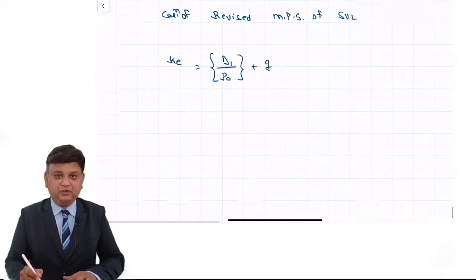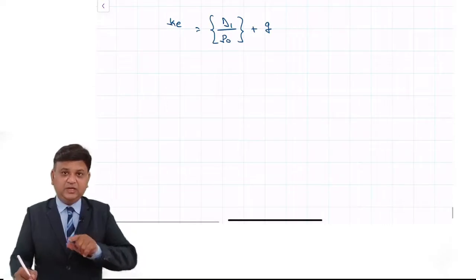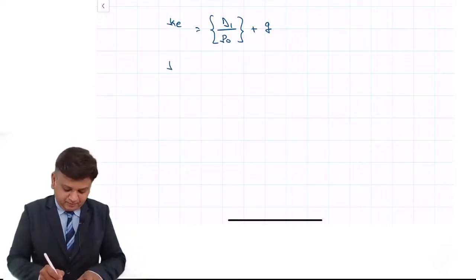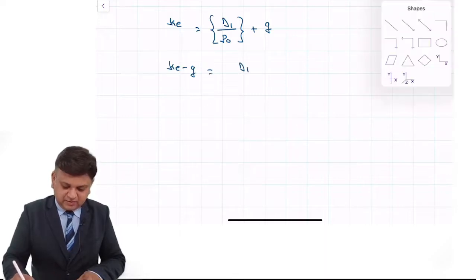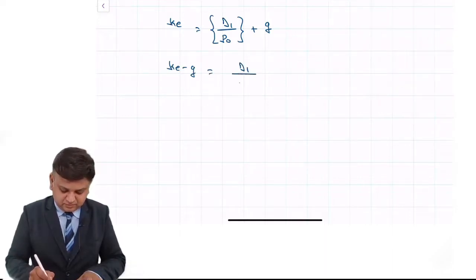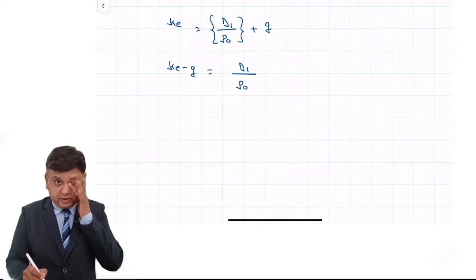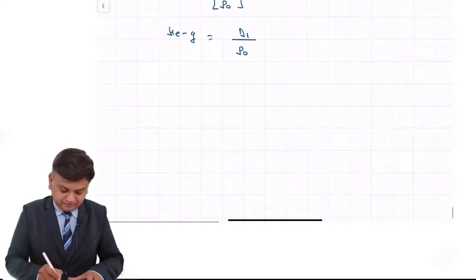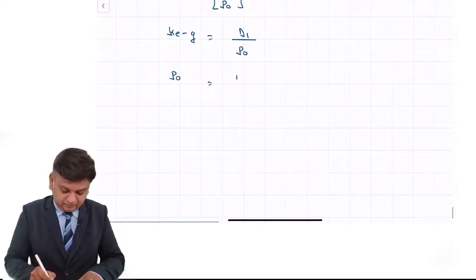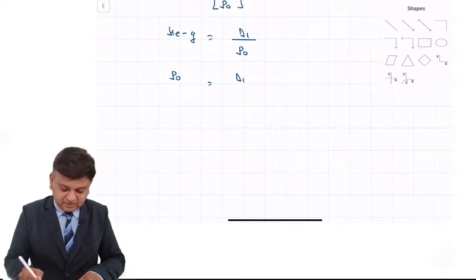Now this time we are required to find P0, so we are required to rearrange the formula. So K minus G is equal to D1 upon P0. So now P0 is equal to D1 upon K minus G.